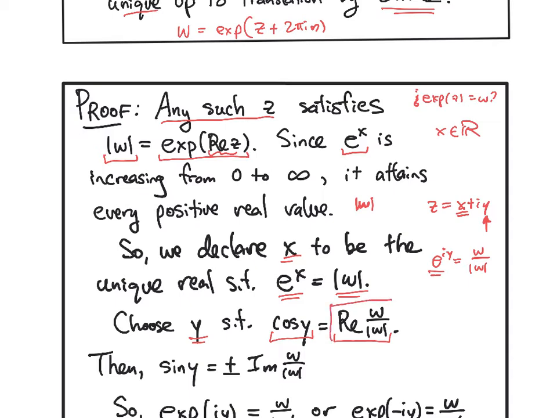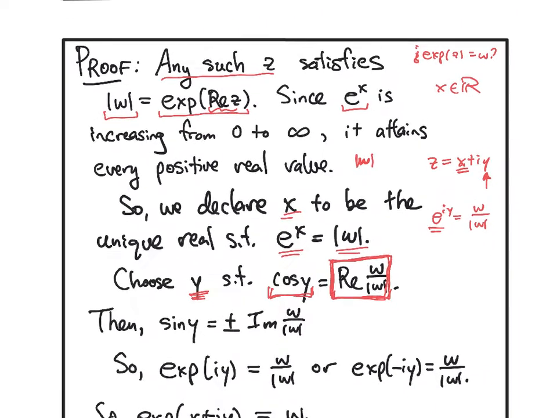Now this real part has to be between -1 and 1, and cosine of y is perfectly continuous, and it attains the values 1 and -1, so we can certainly fit this requirement. And I'm not saying that this y does what we want yet. There's a couple of possibilities.